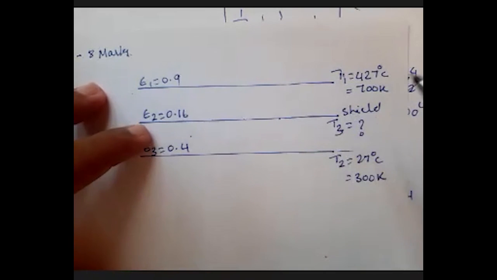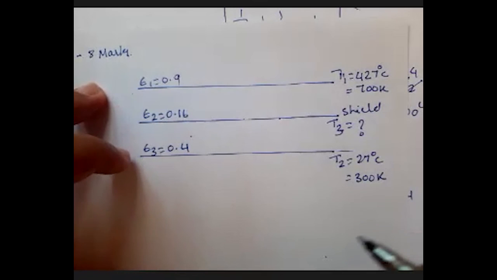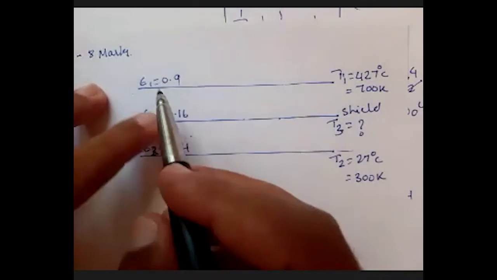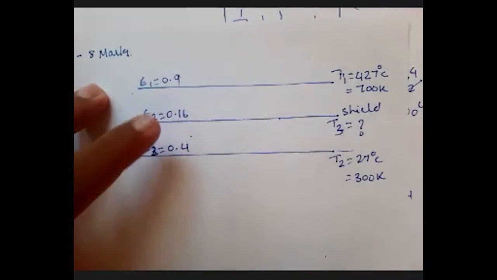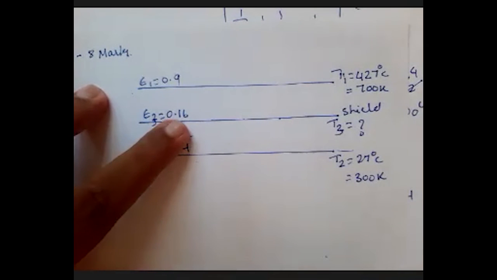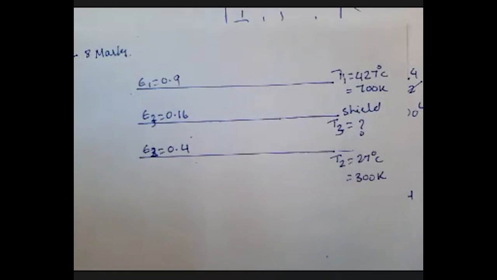I have emissivity of surface 1 as 0.9 and surface 2 as 0.4, and the shield of emissivity 0.16. Everything was the same, the same thing they had asked. Only added was they had asked us to find out the temperature T3.